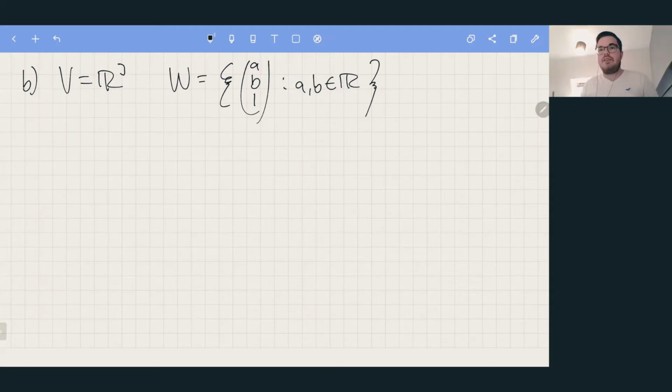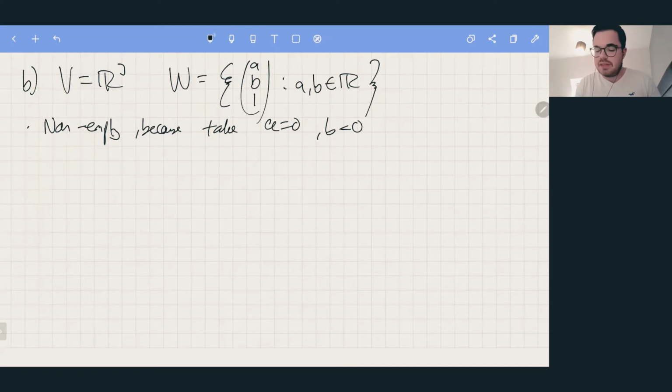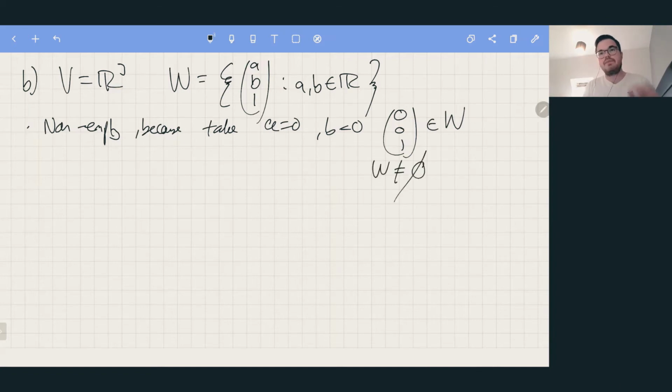So let's first check that it's non-empty. It's non-empty because we take A to equal 0, B to equal 0, for example, and we'd end up getting a vector of 0, 0, 1, which would be in W. So W is not the empty set.